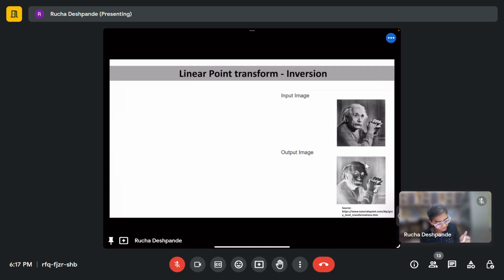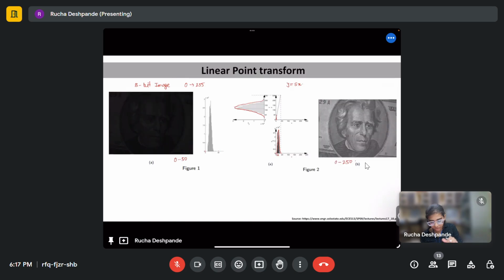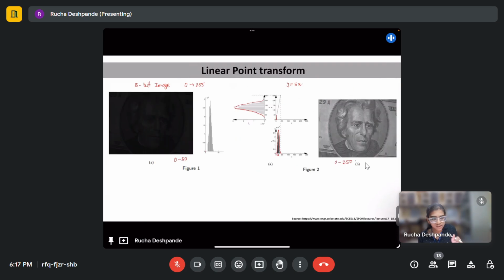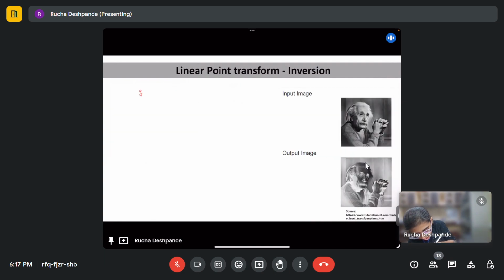So this is an example of inversion, which is another type of linear point transform. Remember we saw identity, we saw inverse. So inverse is another type of linear point transform. Here the function is given as g of x comma y.